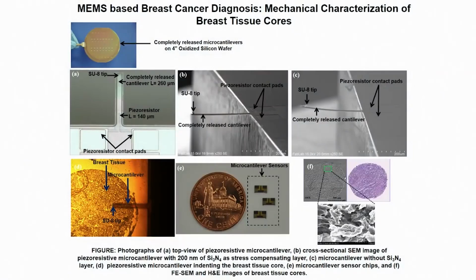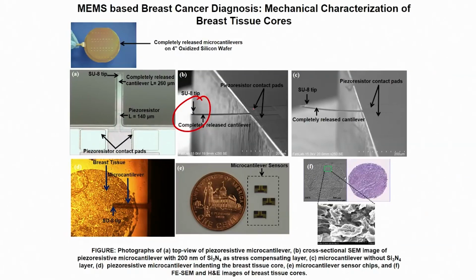If I go to the next slide, what can I see? I can see that there are cantilevers, and if you closely see, there is a piezoresistor embedded in polysilicon, not oxidized silicon, and at the tip of the cantilever, at the end of the edge of the cantilever on this side, there is an SU8 tip, right.